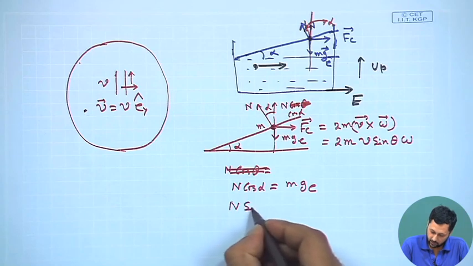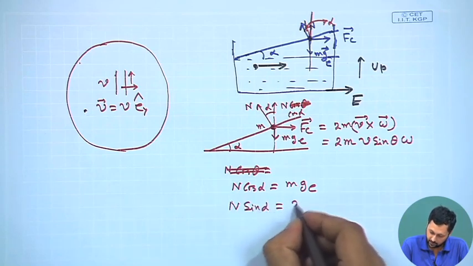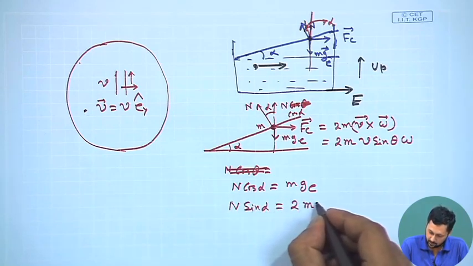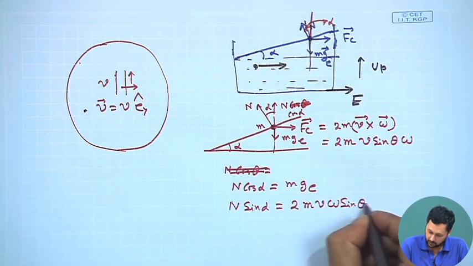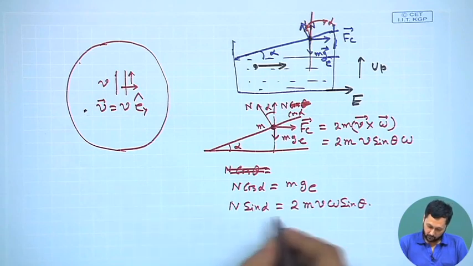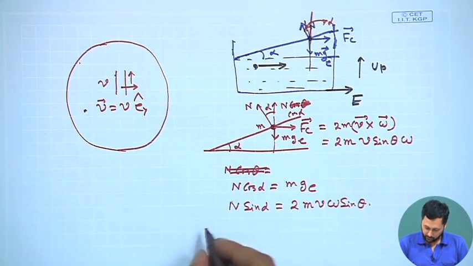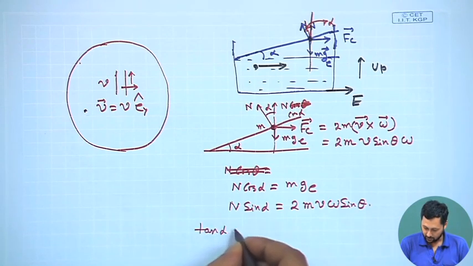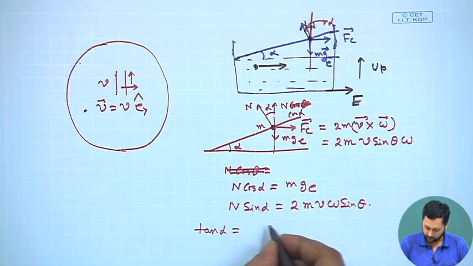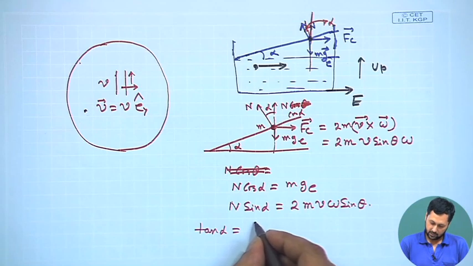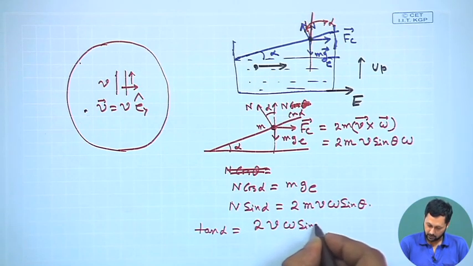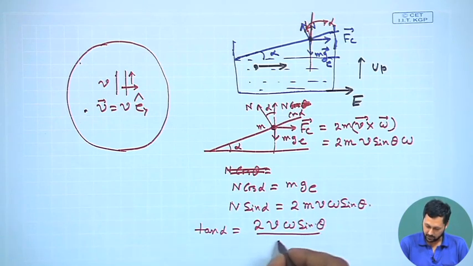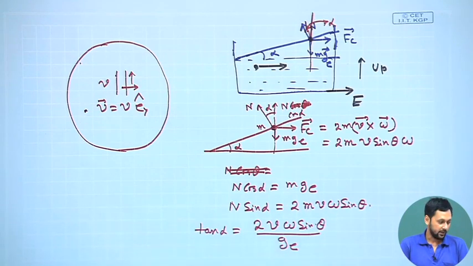So, n sin alpha will be 2 m v omega sin theta. From this we can write an expression for tan alpha, which is sin alpha by cos alpha. It will be given by 2 v omega sin theta by g_e.